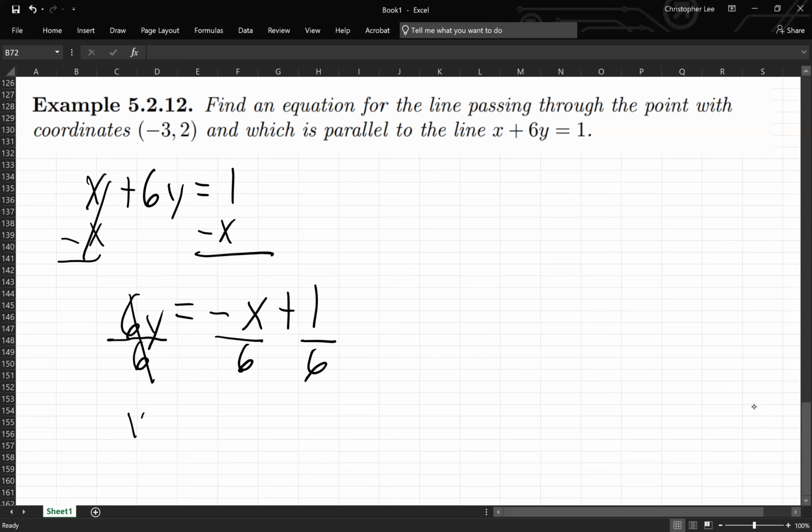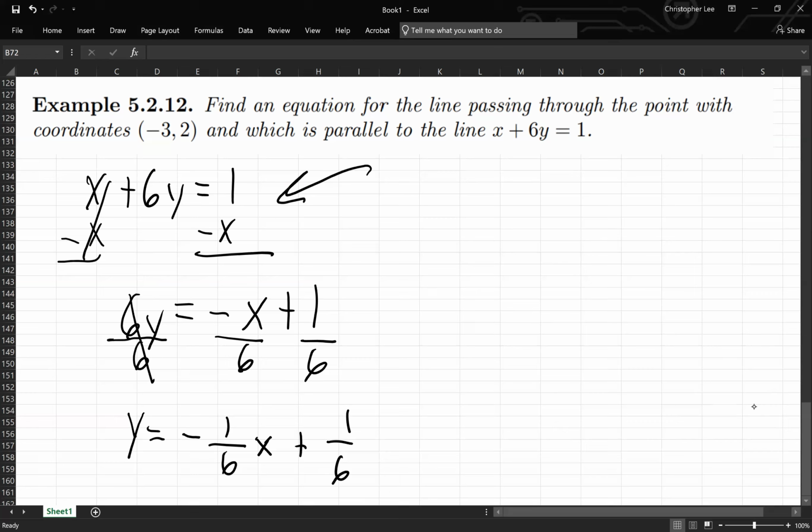So now what do I have? I have y is equal to -x over 6. Or let me say -1 over 6x plus 1 over 6. I just subtracted x from both sides, right? Because I want to solve for y, right?